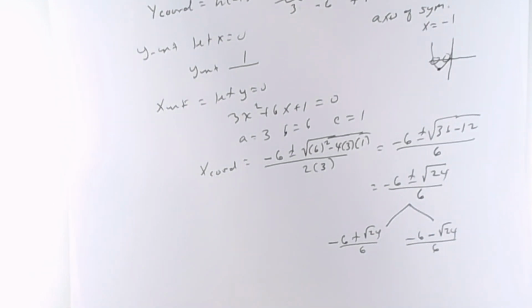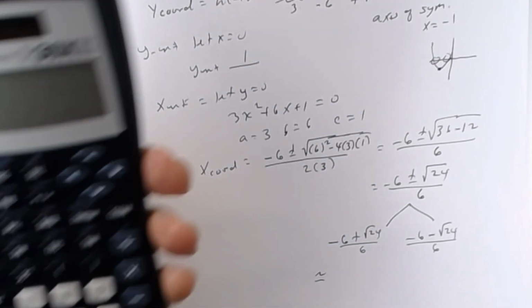All right, so here's how you use your calculator. You see that numerator? What's in the numerator? Negative 6 plus the square root of 24. This whole thing has to be divided by what? 6.